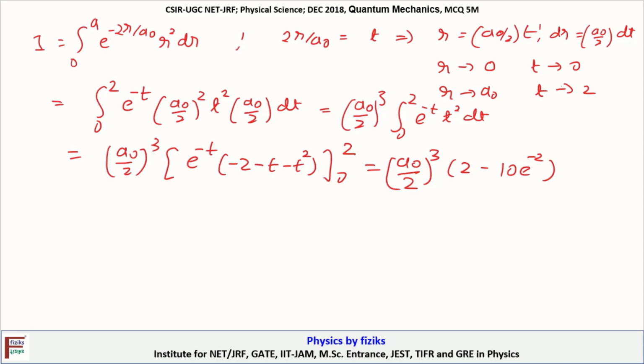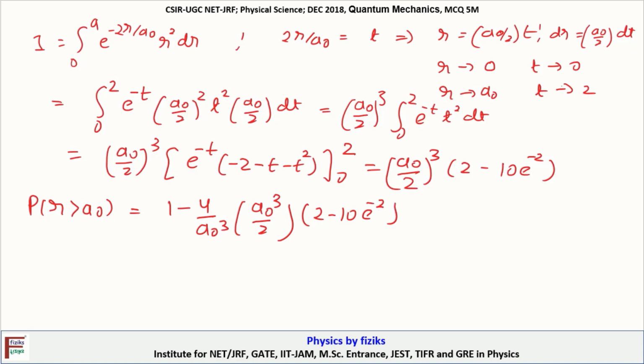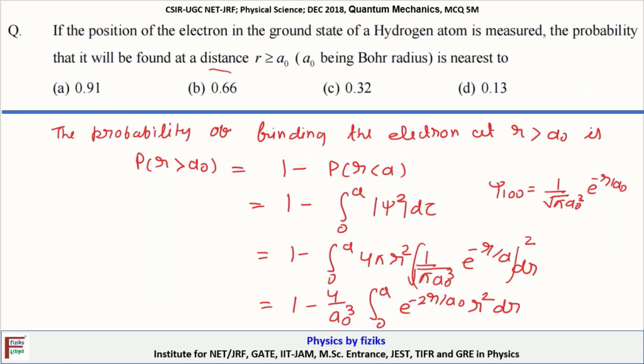Substituting the value of I in the equation, the probability of r greater than a0 is equal to 1 minus 4 by a naught cube into a naught cube by 2 into that expression, which is equal to 1 minus 0.3233, or equal to 0.66. So our correct answer for this question would be 0.66, option B.